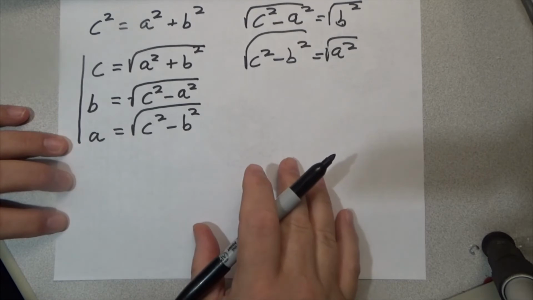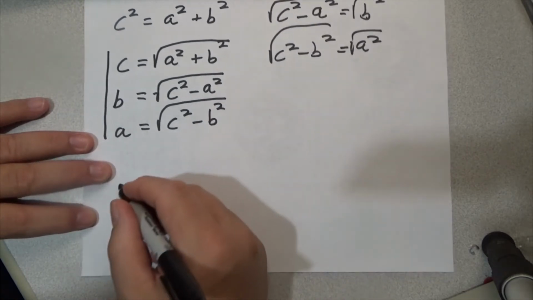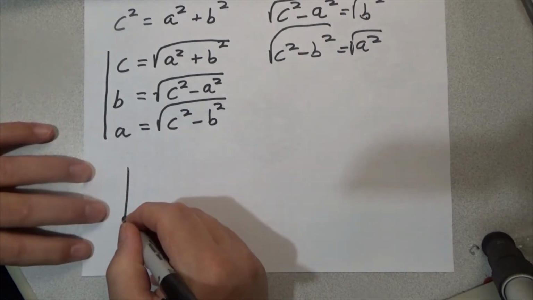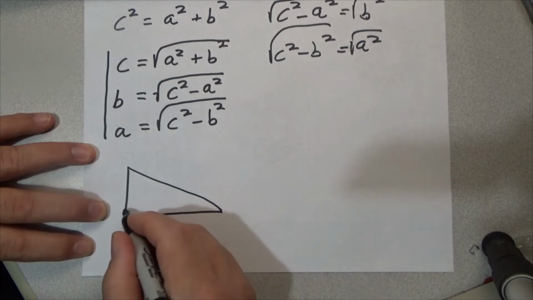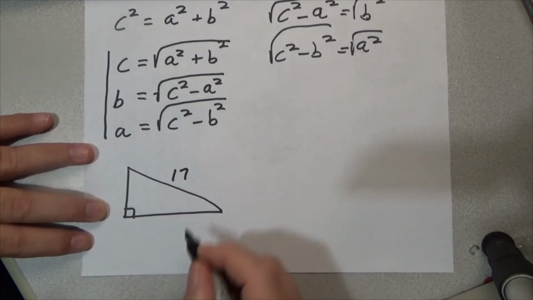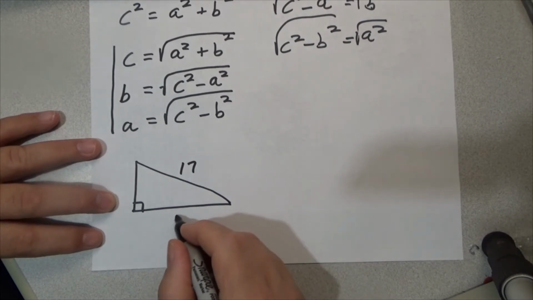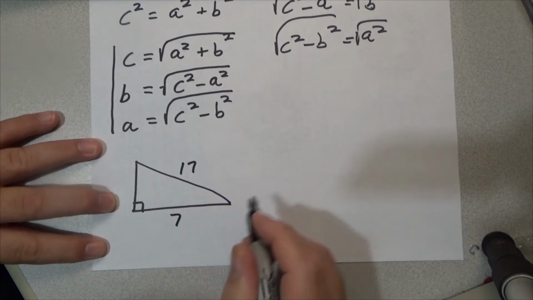Okay, so let's do an example of one of these two types. Let's say we've got a triangle with a hypotenuse here. Square right there, and let's say the hypotenuse is, let's just say 17, and this is 7. 7's good.